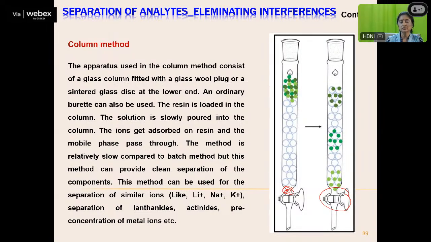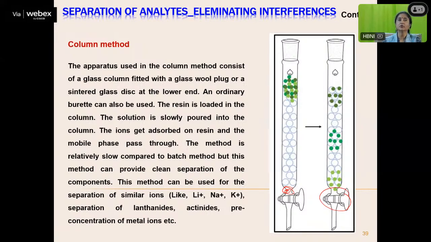So the apparatus consists of a glass column fitted with a glass wool plug or a sintered glass disc at the lower end. An ordinary burette can also be used, because it looks like a burette. So a burette can be used as your ion exchange column.